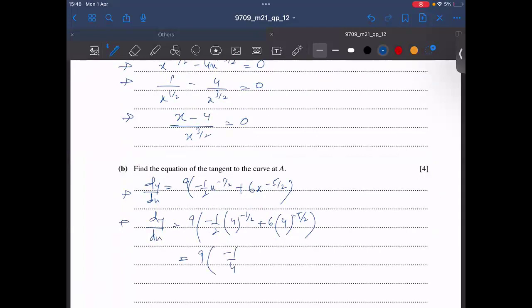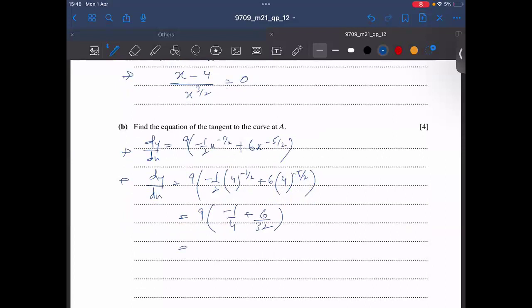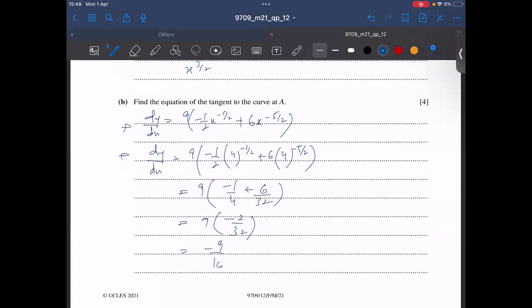And this is going to be 1 over 4 to the power of 5 over 2, which is 2 to the power of 5, 1 over 32. 1 over 32 means plus 6 over 32. So minus 8 plus 6 is going to be minus 2 over 32, which is minus 1 over 16. Minus 9 over 16 is going to be the gradient of the tangent to the curve at A.